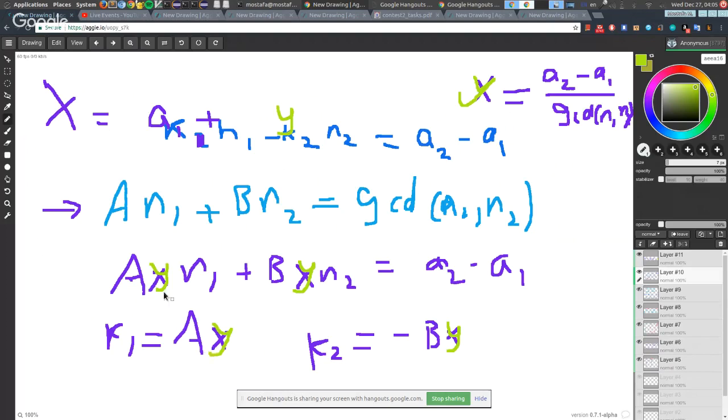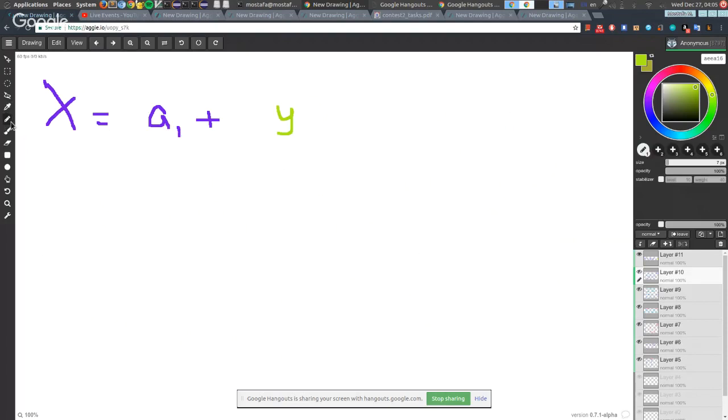As you can see here, k1 is equal to a times y, and this is multiplied by n1, plus a1.